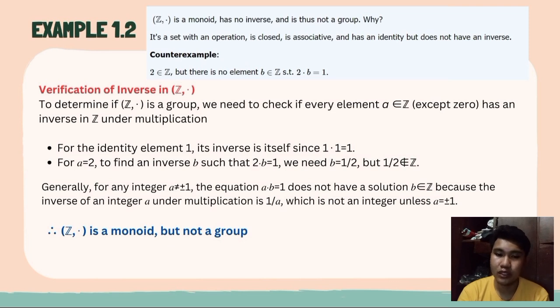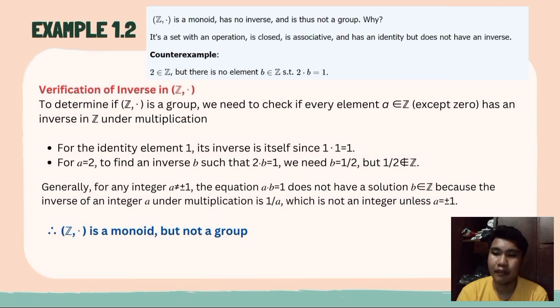For A equals 2, to find an inverse B such that 2 times B is equal to 1, we need B equal to 1 over 2, but 1 over 2 is not an element of the integers. Generally, for any integer A not equal to positive or negative 1, the equation A times B equals 1 does not have a solution.